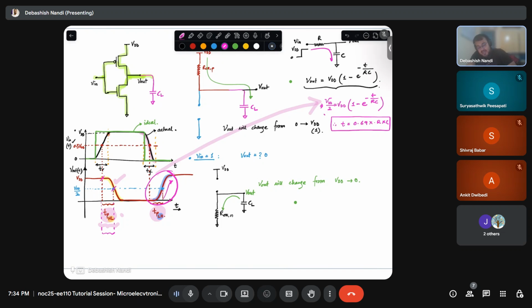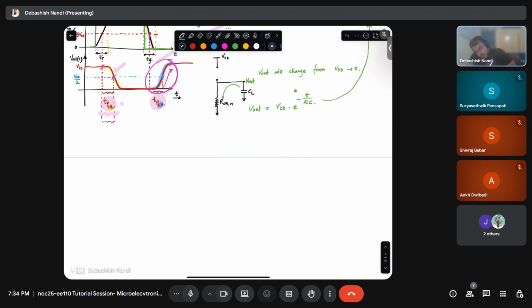Your capacitor is charging. Output is going from 0 to VDD. Similarly, if you write your V out formula in this case, with the initial value VDD, it will be VDD times e raised to minus t over RC. Then also you will get back to the same figure.